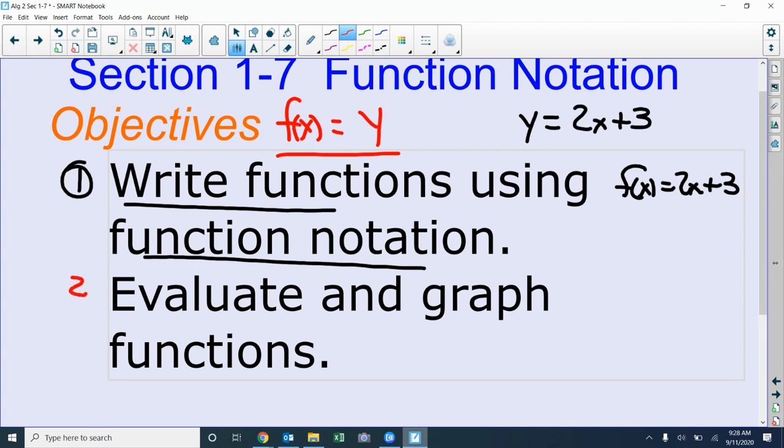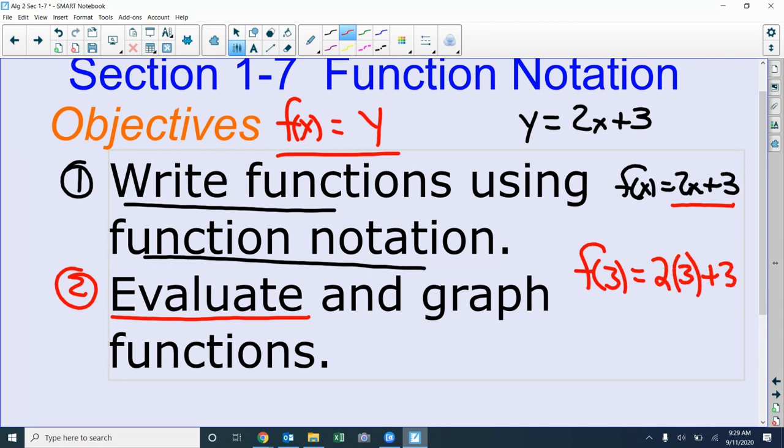The second thing we're going to do, evaluate. Evaluate means, what is f of 3? We're going to put 3 into this. So you'd say 2 times, but now x is going to be 3, plus 3. Of course, 2 times 3 is 6, plus 3 would be 9.